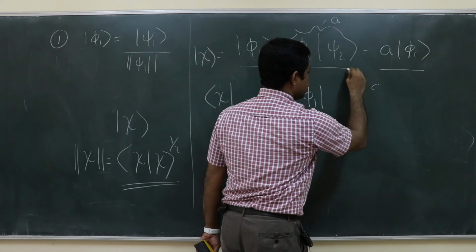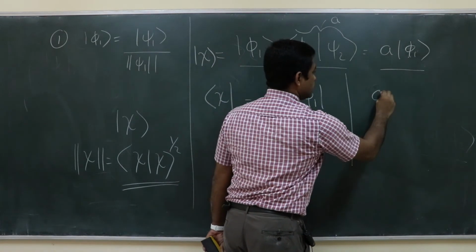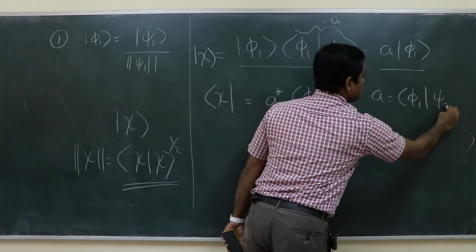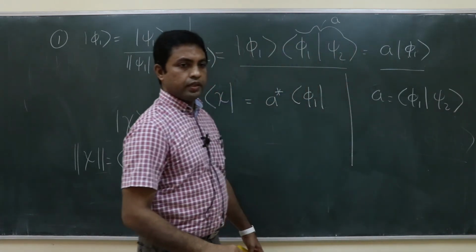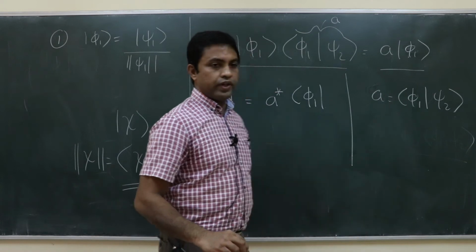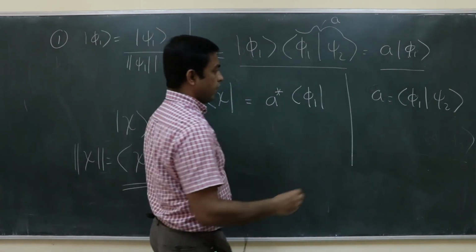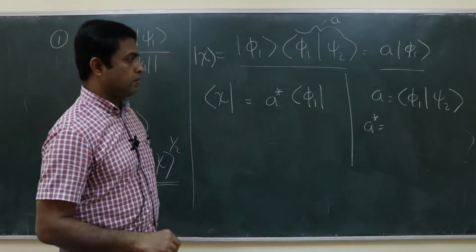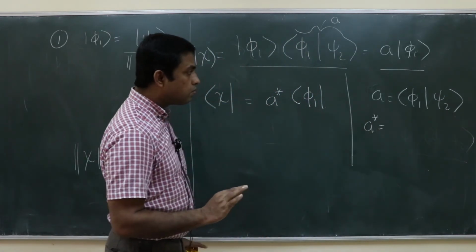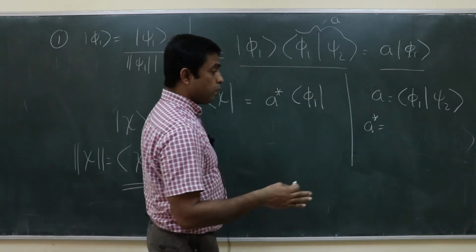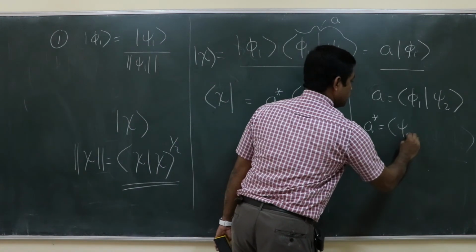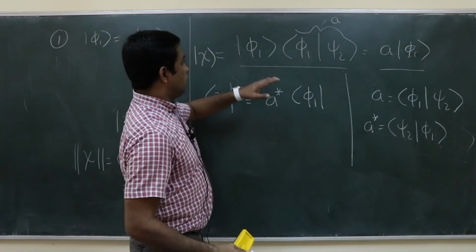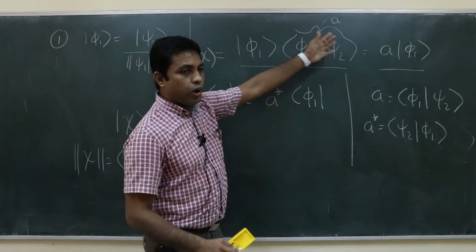Because your A is bra phi 1 psi 2. Okay. So A is bra phi 1 psi 2. Then what is A star? Bra psi 2 phi 1. So you don't have to do all these steps.